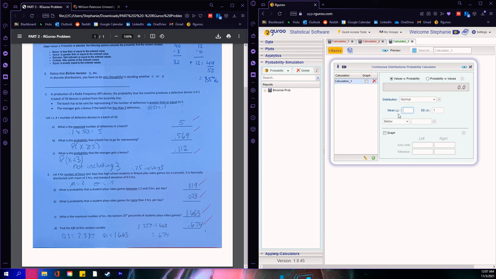So the mean is 2 hours, standard deviation is 0.5. And then the probability that it's between 1.5 and 3 hours, so we're just going to put between. The lower tail is 1.5, the upper tail is 3. That's how you get that number.